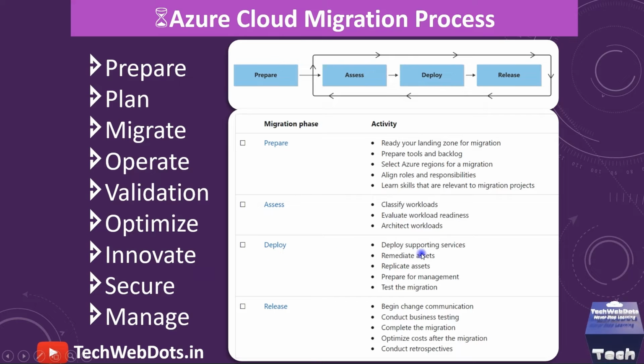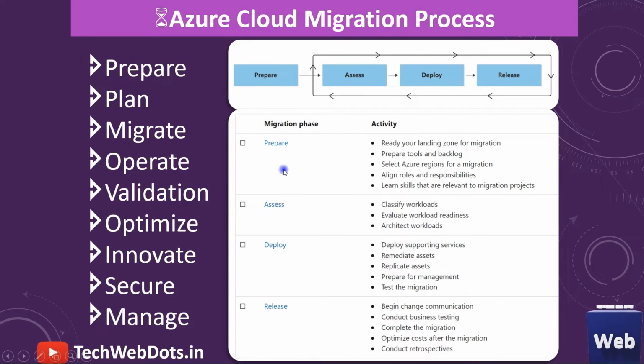In the deploy phase, they talk about deploy supporting services, remediate assets, replicate assets, prepare for management, and test the migration. And in the release phase, the final one, begin change communication, conduct business testing, complete the migration, and optimize the cost after migration, which is very easy to understand. Conduct retrospective, it means we can decide what we should continue and what we should finish, right?